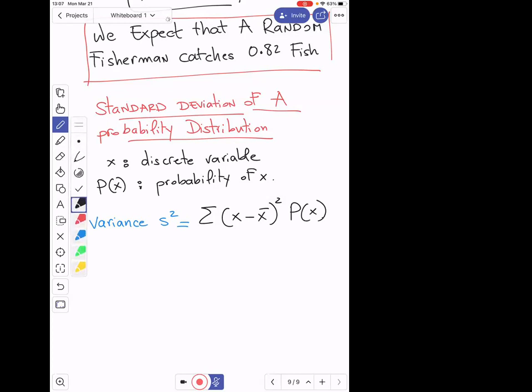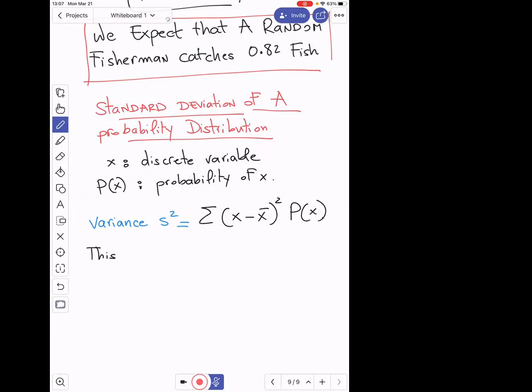So again, this formula is actually the weighted version of the distance from your variable X to the mean.